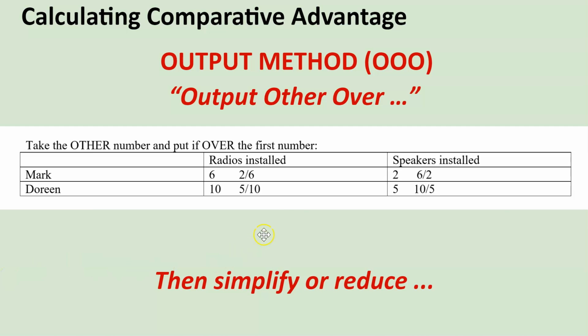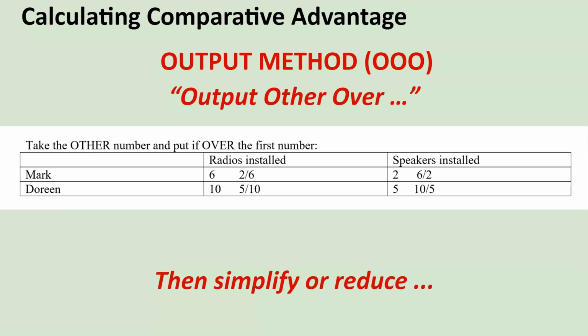So in simplifying this then, what we see here is, again, output other over. So 2/6 of a speaker is what it's costing Mark in order to install a radio. But it's costing him 3 radios in order to install a speaker. For Doreen, it's costing her 5/10 or 1/2 of a speaker to install a radio. But it's costing her 10/5 of a radio to install a speaker.